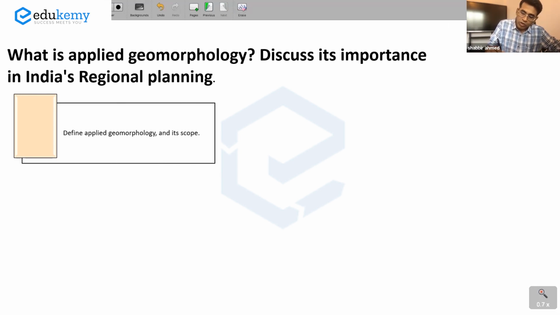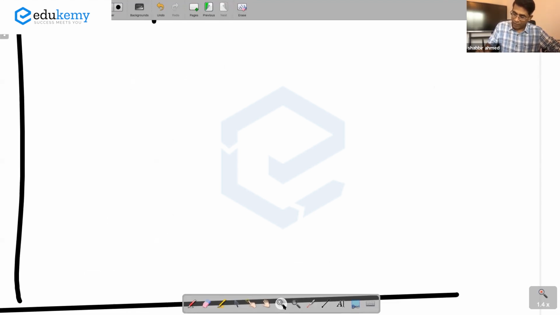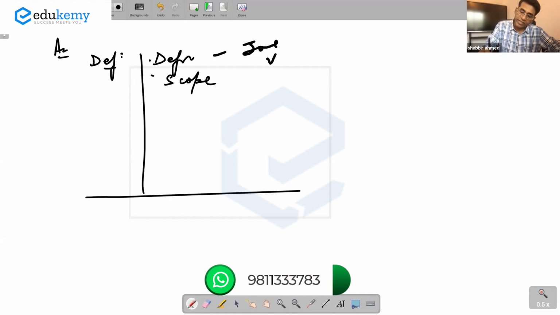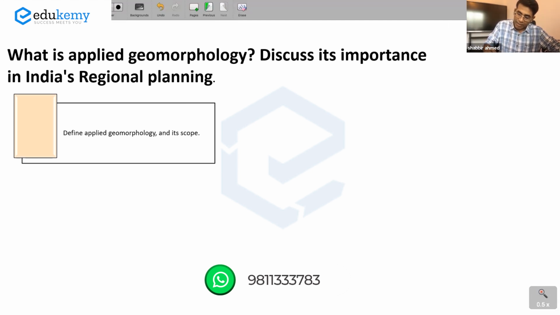So you could answer this on these lines. First, you try to define applied geomorphology and discuss the scope, and write this within about half a page. So according to D.K.C. Jones, according to Verstappen, what they have said, and then you have the scope, the importance here, and give examples.